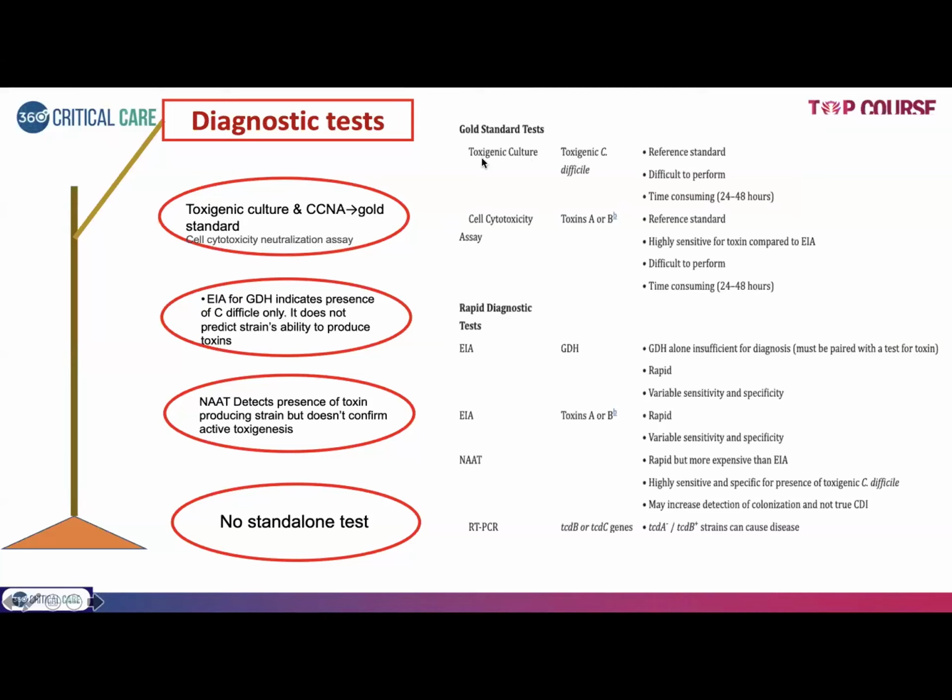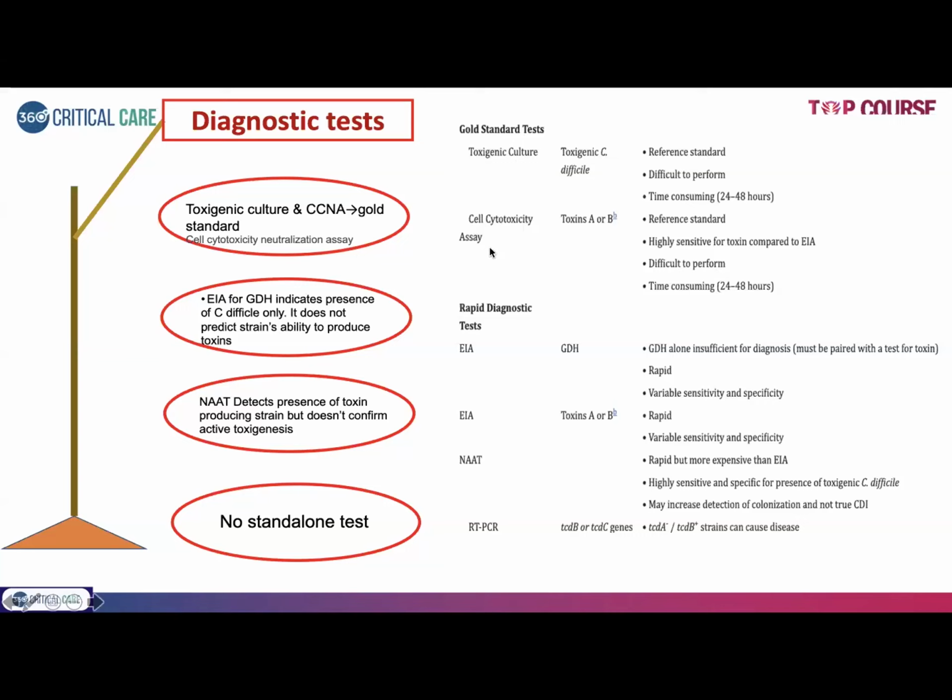The turnaround time is going to be more than 48 hours, 24 to 48, and it's not available in all centers. It's difficult to perform also. But it is very highly sensitive and it is the reference standard. So toxigenic culture is the gold standard.